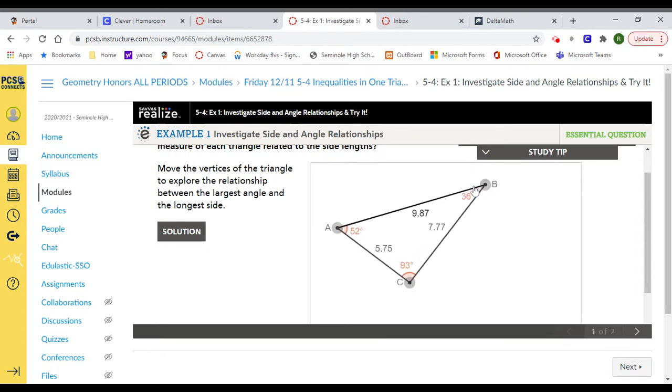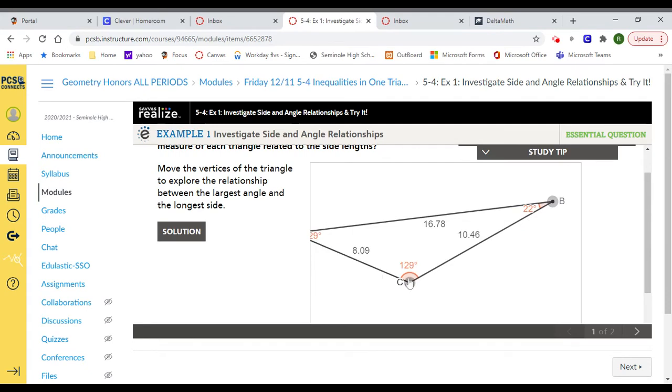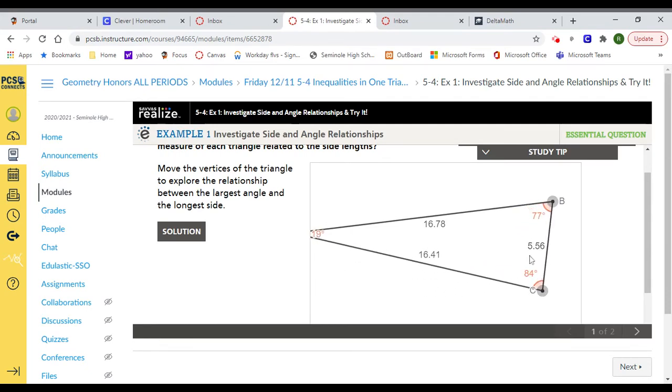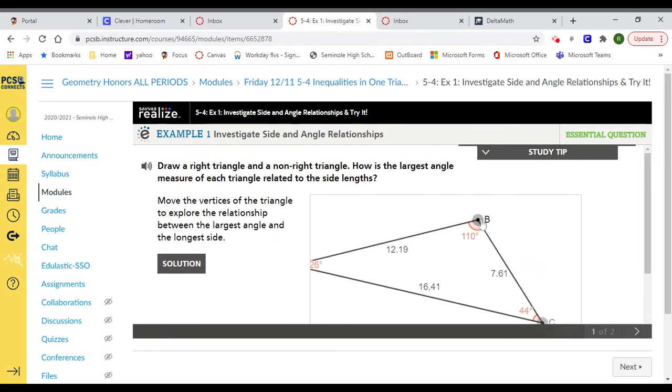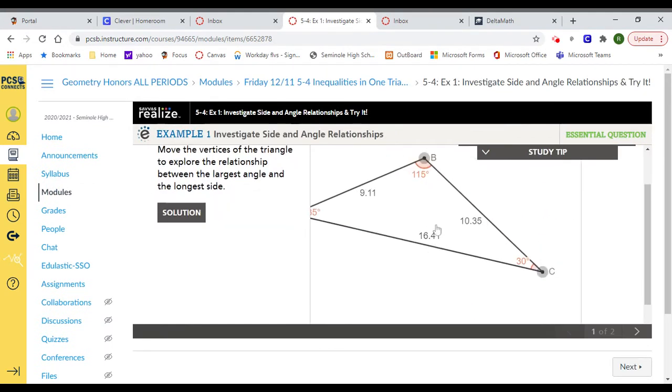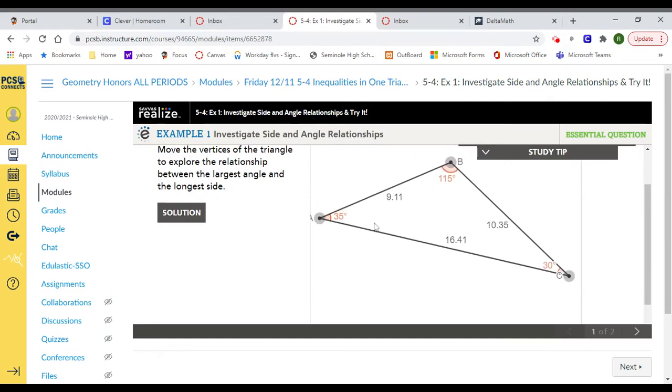Let's try another one. If I drag this around, this is the biggest angle, this is still the longest side. Okay, this is the biggest angle, this is the longest side. There we go.